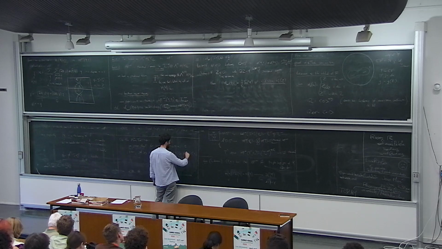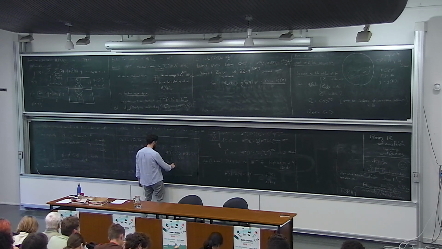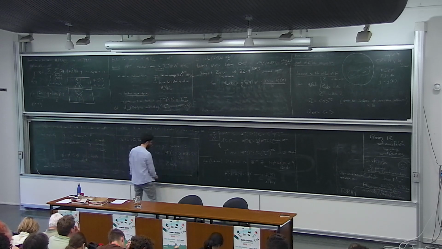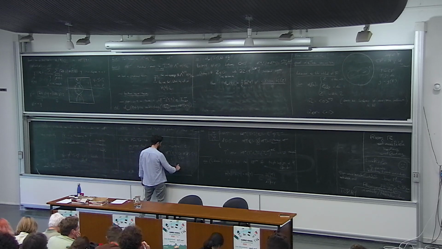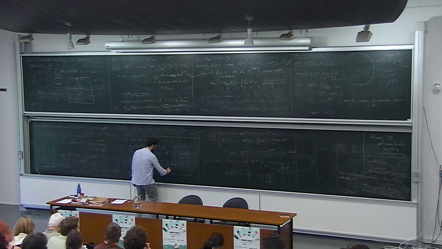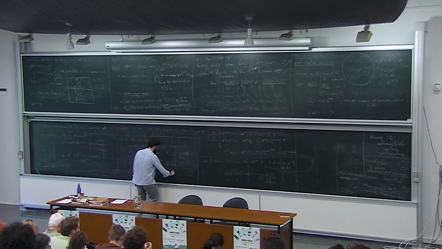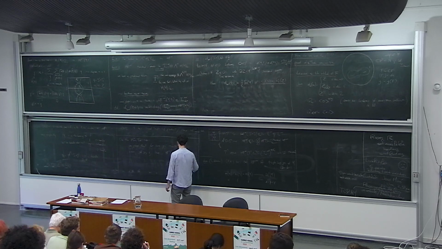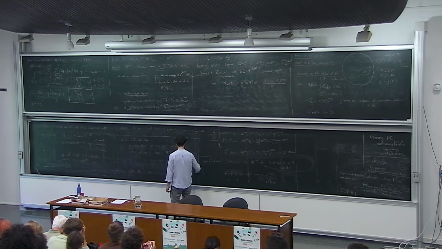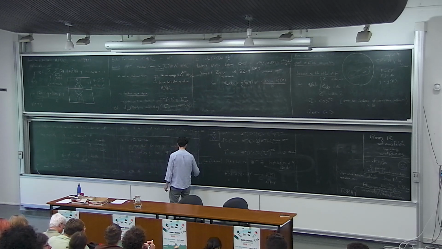This is a connected sum of 2G copies. This is a lambda star H1 mod torsion module. And this is abstractly lambda star of Z to the 2G. And this is also a lambda star H1 of 2G copies of S1 cross S2 module. And this is abstractly the same as lambda star Z to the 2G.